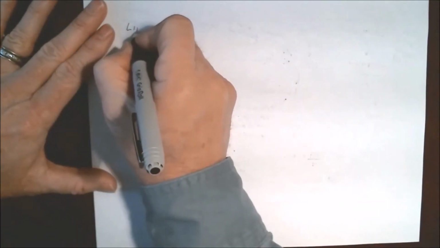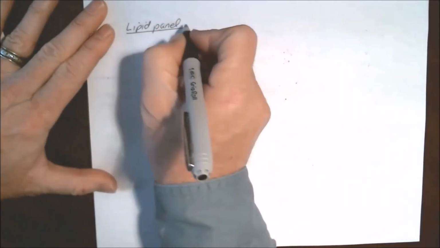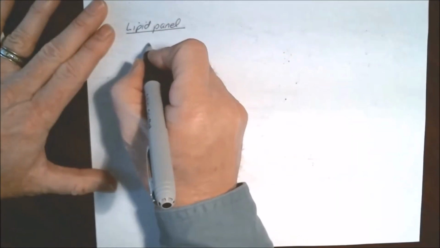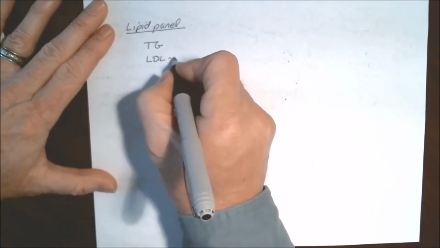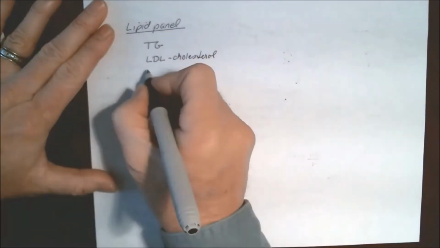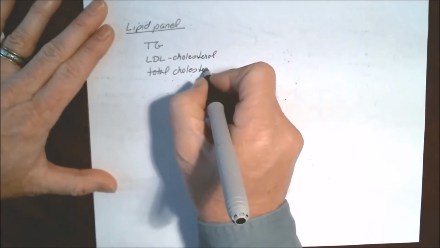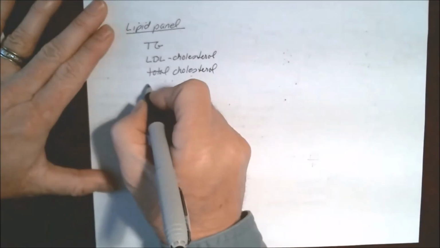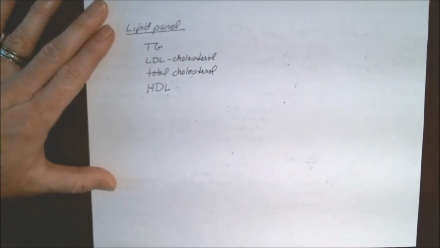Now, when we talk about a clinical standpoint, this is why when you get blood tests back and your physician orders a lipid panel, they're looking for triglycerides, they're looking for LDL cholesterol, they're looking for total cholesterol, and looking for your HDL levels.